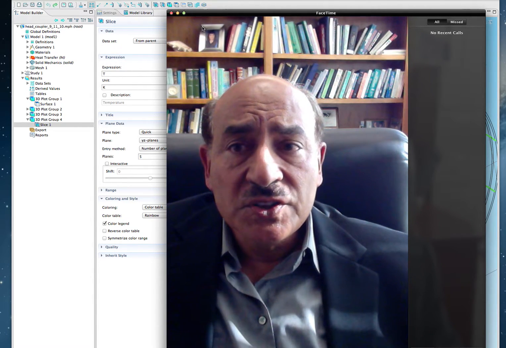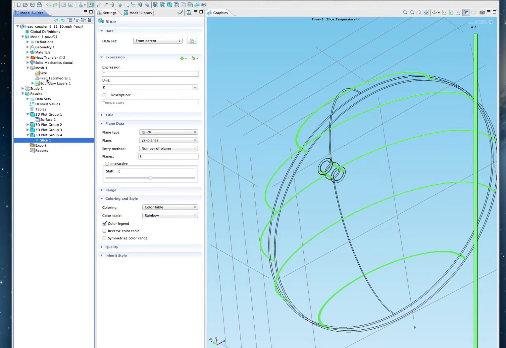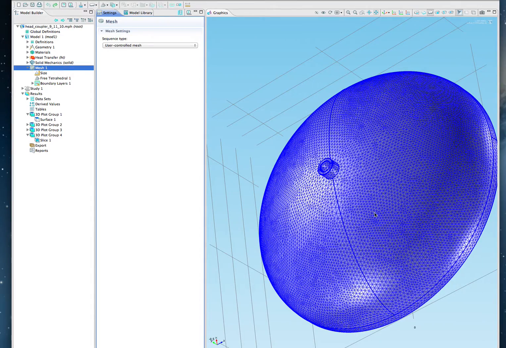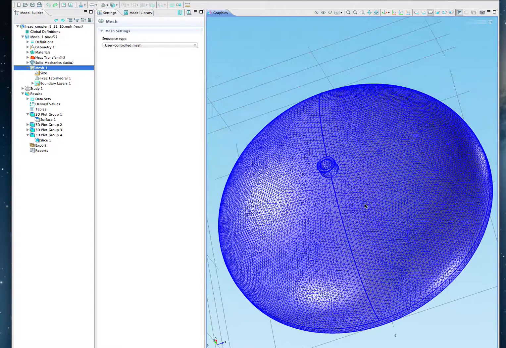I'm just going to show you the geometry and how it's meshed. If I show you this, it will be under the mesh, and the mesh would show you as you can see here. This is a fine mesh that is done automatically.